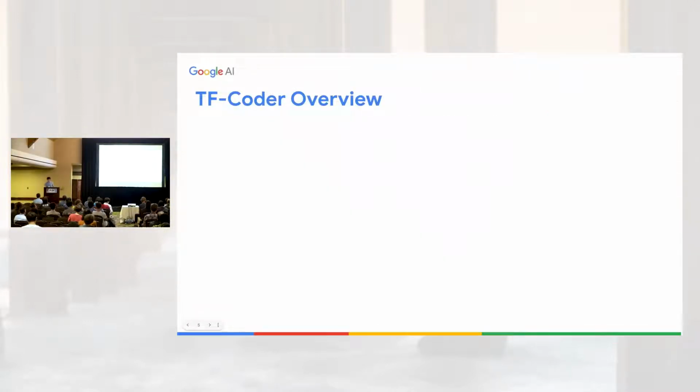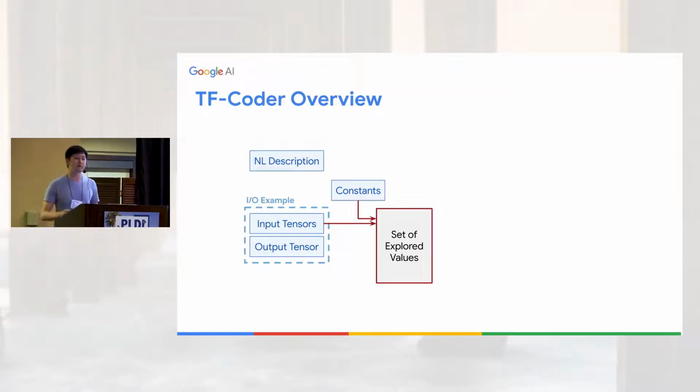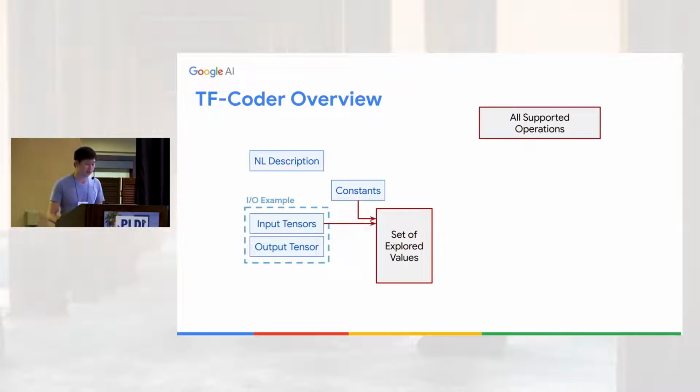Now I want to give a high-level overview of how TF-Coder works. We start with the specification provided by the user, which is an input-output example, and optionally a natural language description and some relevant constants. Now, TF-Coder performs a search, where we keep track of all of the values we've seen so far. Initially, this is just the inputs and constants. In the search, we have a bunch of operations that we'd like to use, and we're going to repeatedly loop over these operations.